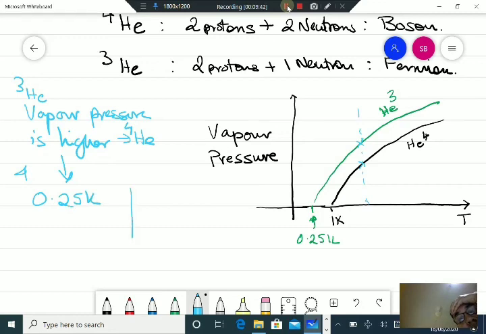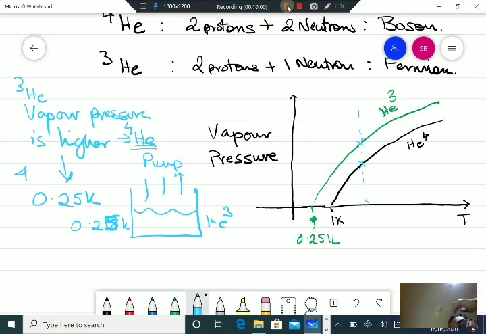So if you take a liquid of helium-3 and you pump over it, you can bring it down to 0.25 Kelvin. Whereas helium-4, you could have brought it down to 1 Kelvin. Helium-3, by evaporative cooling, you can bring it down to 0.25 Kelvin.